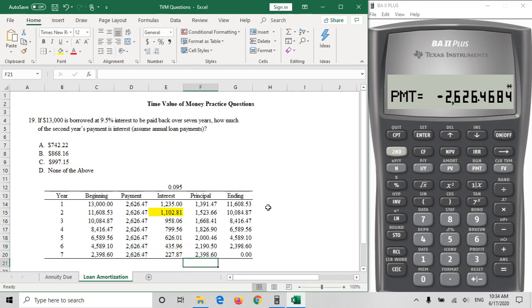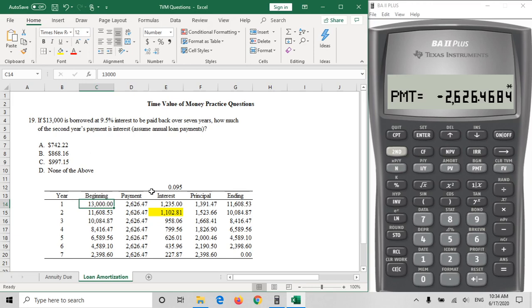All right. So I constructed the loan amortization table, okay? We already know our answer. However, you will see some characteristics of this table. Let's say you purchased a 13,000 dollar car. The car dealer says, hey, you can use the annual payment, and then annual payment for 7 years.